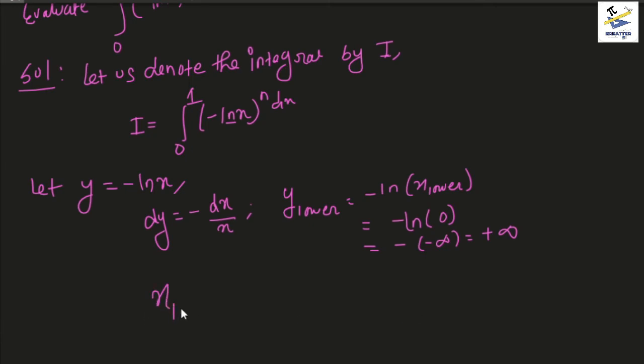Similarly, y upper would be equal to minus ln of x upper, and this would be just 1, and log of 1 is 0 as we know, so this becomes 0.